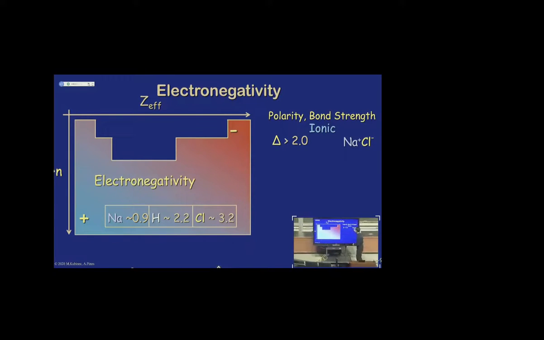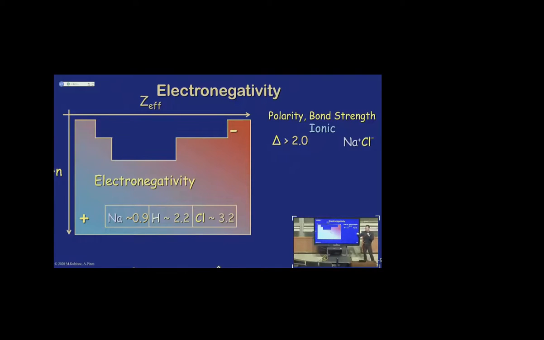In sodium chloride, the chlorine is so much more electronegative that the electrons are spending almost all of their time, the extra electron, around chlorine. So chlorine has essentially a negative charge, leaving sodium with a positive charge.